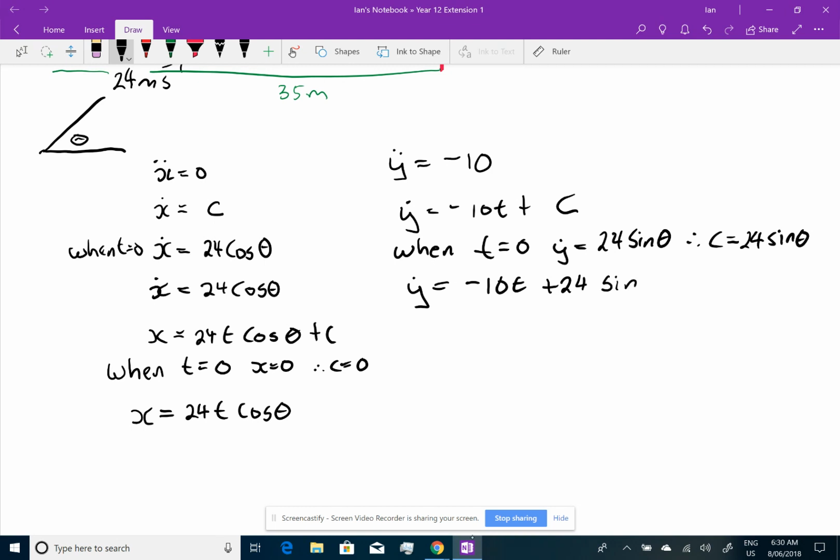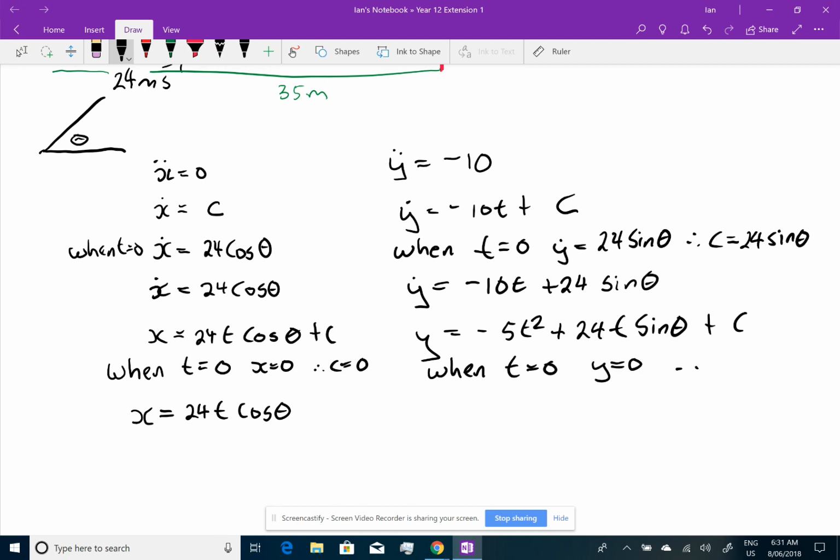Integrate again, y equals minus 5t squared, because I raised to the power and divide by 2, plus 24t sine theta plus some constant. We know when t equals 0, y equals 0, therefore c will equal 0.